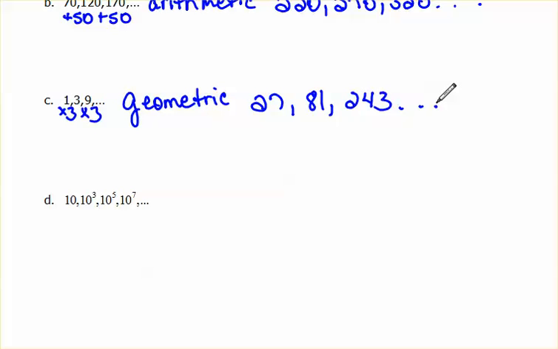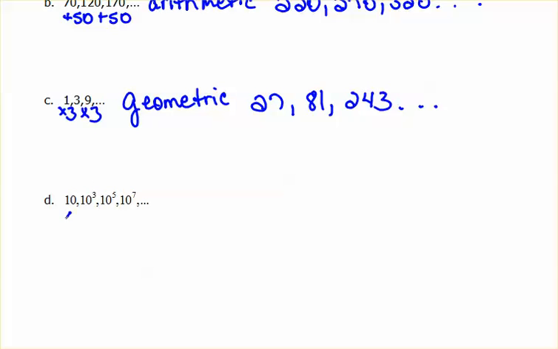Now the last one might have been a little bit tricky because we're using those exponents, but what are we really multiplying by to get from one term to the next? Well, if you remember your exponent rules, when you multiply like bases, you actually add the exponents.